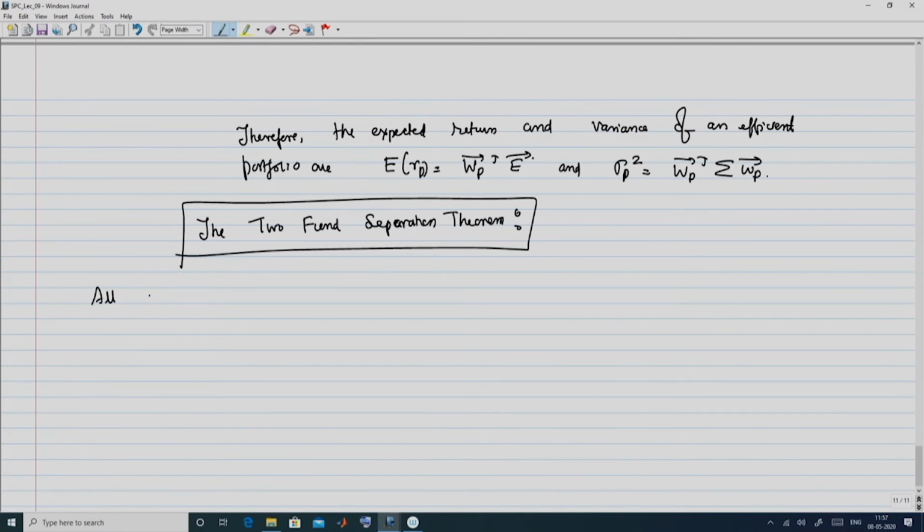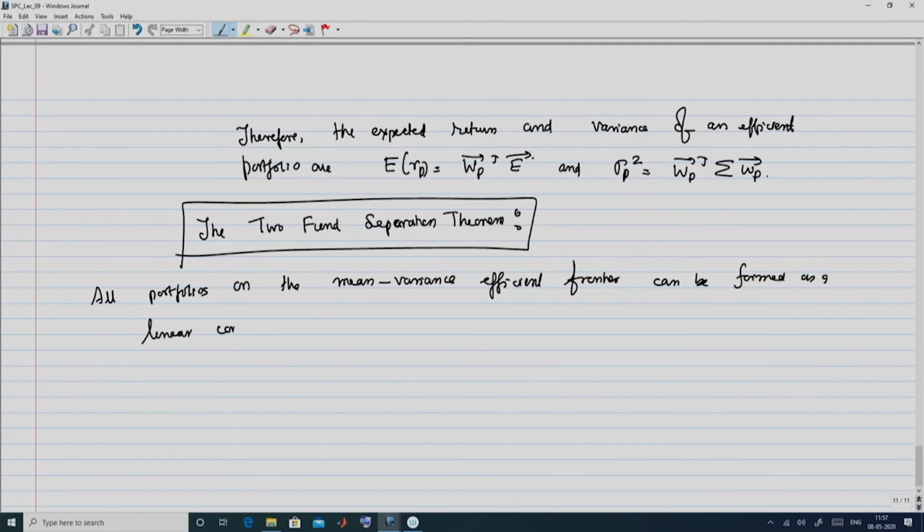So, I can make the statement that all portfolios on the mean variance efficient frontier can be formed as a linear combination of any two portfolios on the efficient frontier.